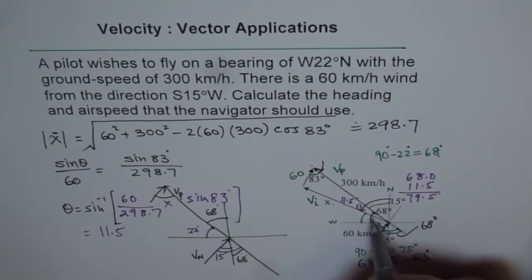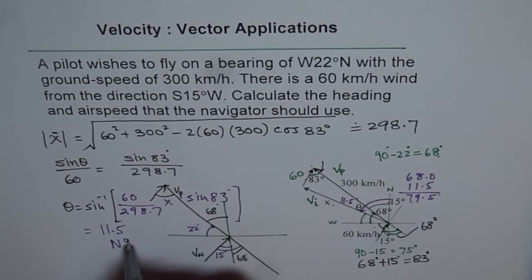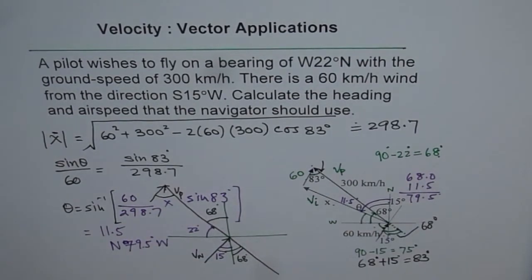So I can write this direction as 79.5 degrees from north towards west. So that becomes the direction in which the plane should be heading. So that is our answer, right?